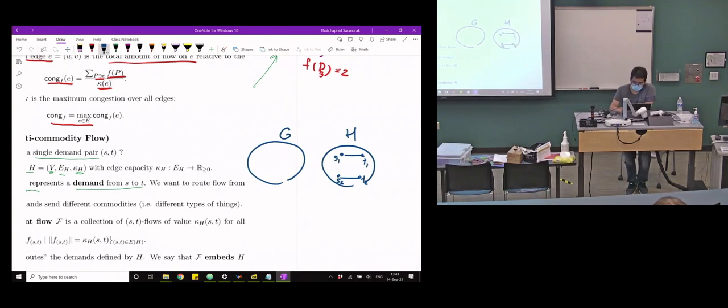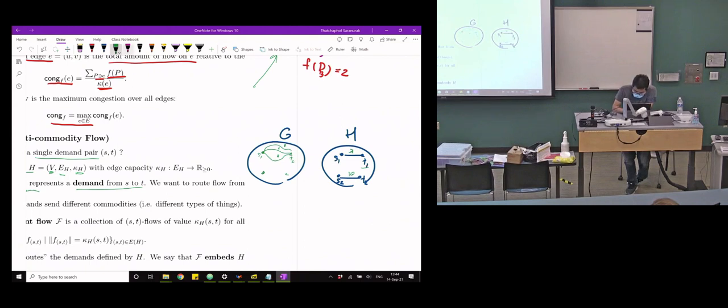Then basically, this tells you that you would like to find a flow, and let's say this is 1 and this is 10. Then the goal is to find one set of flow that sends, let's say this is 3, maybe this flow sent from S1 to T1.